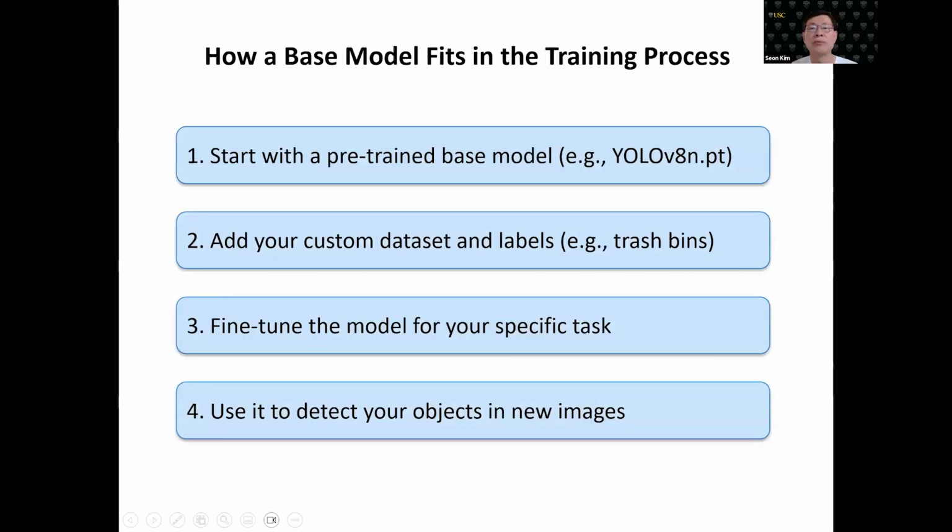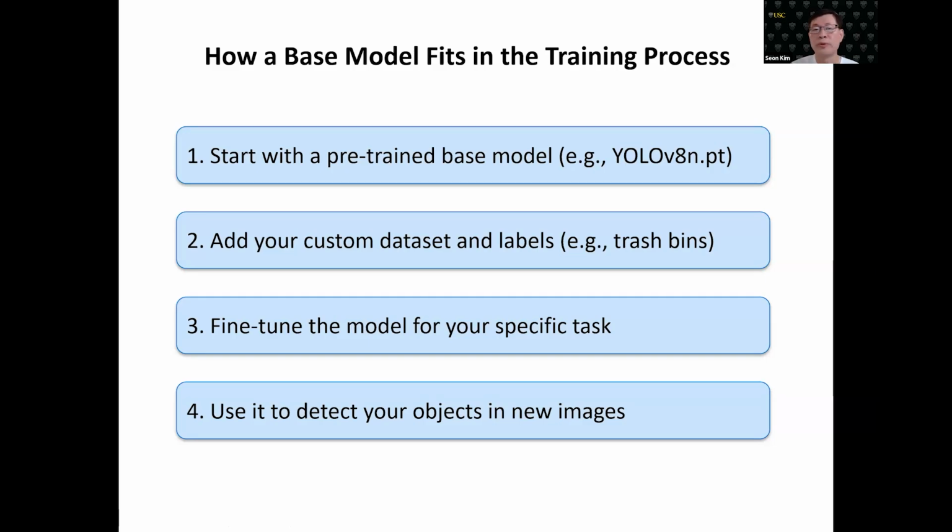Yeah, this is the process. You start with a pre-trained base model, you select one, and then you need to prepare your custom data set and the labels, the truth. In our projects and our hackathon, we are even providing this kind of custom data set. All right? We are providing all the training data set and test data set with labels.